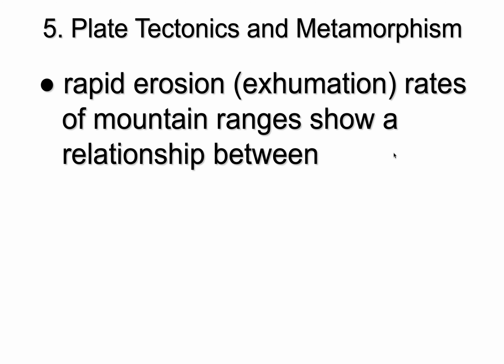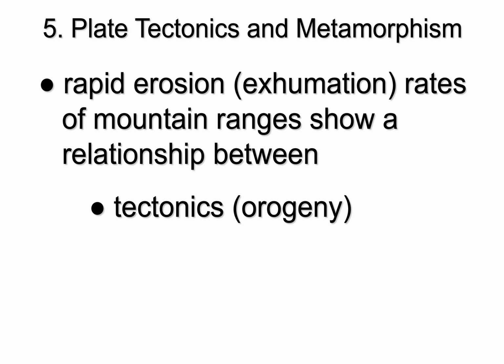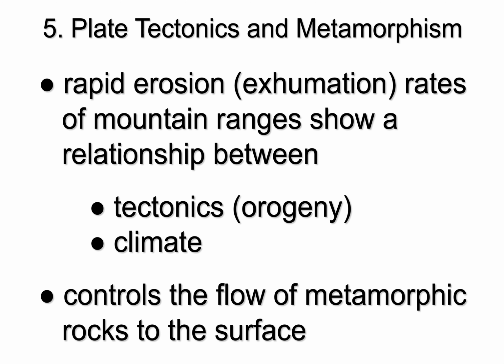So number 5, we have then the next points which I have to mention to you. First point, rapid erosion, that means exhumation rates of mountain ranges show a relationship between tectonics, orogeny and climate.